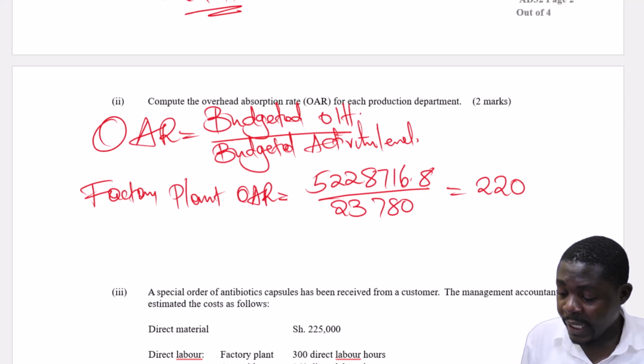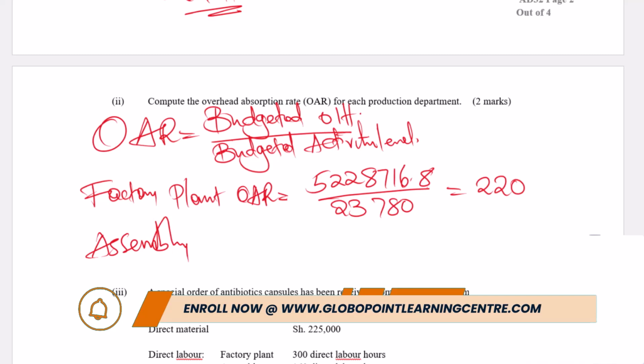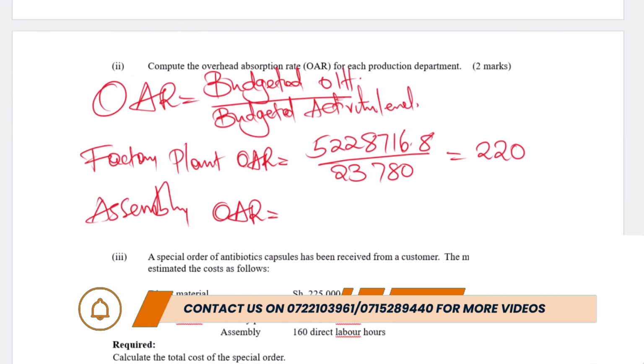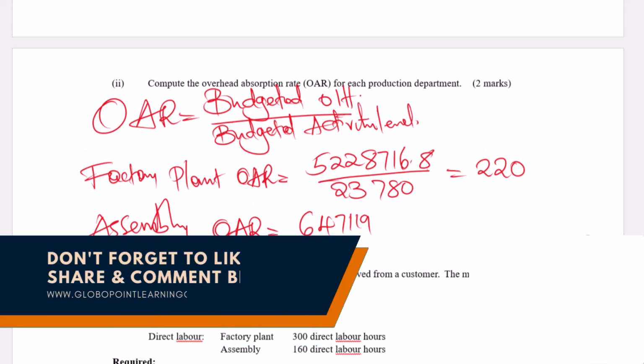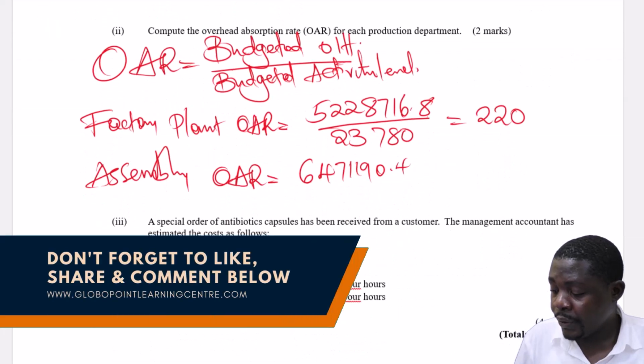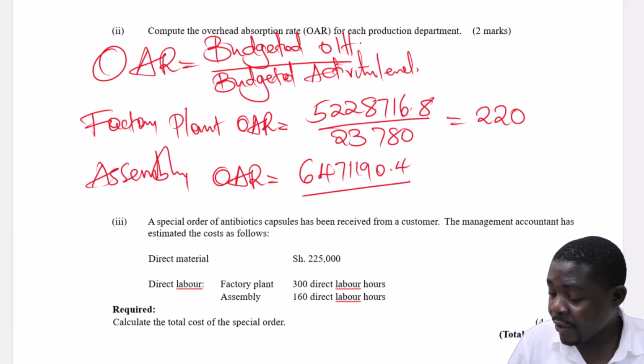And then we hit assembly. Overhead absorption rate, which we are taking 6,471,190.4. We are taking the activity level, in that case was 15,050.